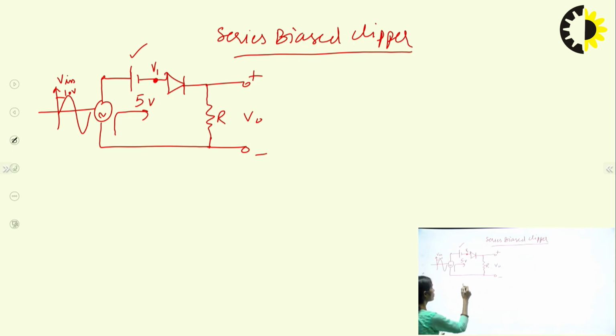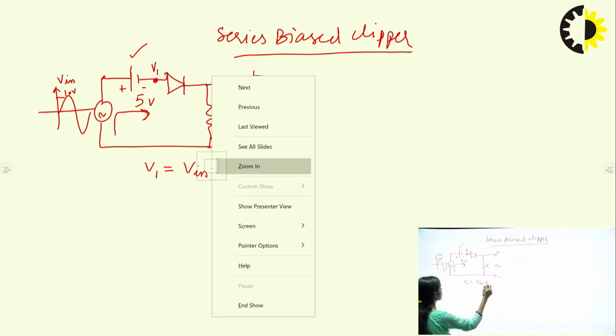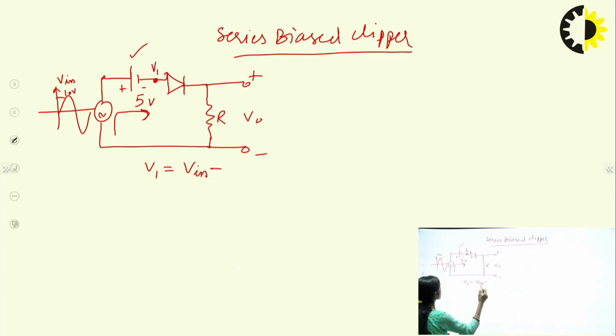So first we are going to calculate V1. V1 will be calculated by just applying KVL, minus to plus. If we take this as a positive cycle, I am simply taking the input voltage V in, plus to minus, and this I have taken as minus 5 volt. So this is the voltage I am getting.